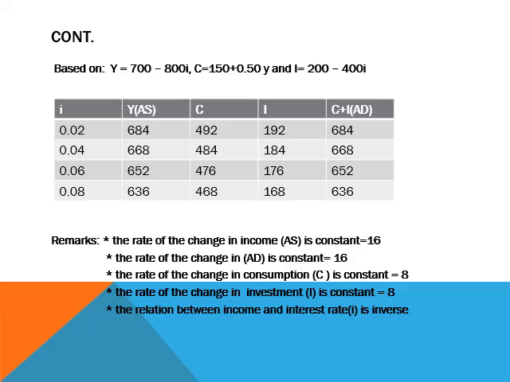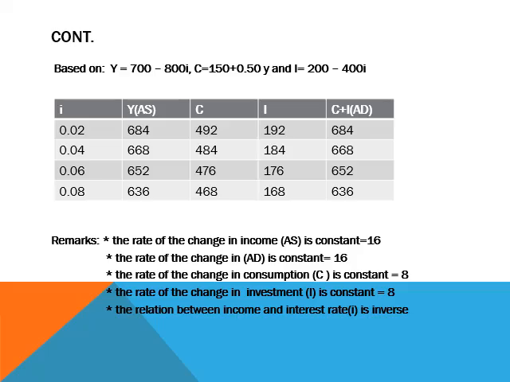Once the change in aggregate demand is constant, equal 16, then the change in aggregate supply is constant, also equal 16, because the change in aggregate supply depends upon the change in aggregate demand. The rate of the change in consumption C is constant, equal 8, logically. The rate of the change in investment I is constant, equal 8.